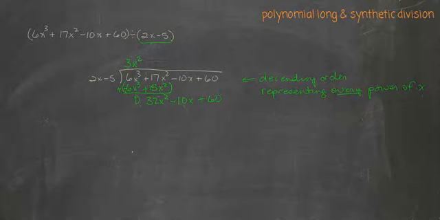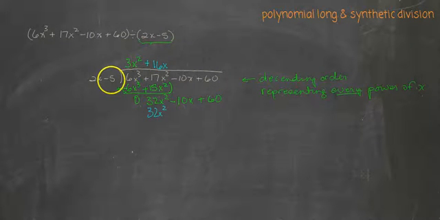Okay, next step. What would I have to multiply 2x by to get 32x squared? Well, 2 times 16, and then x times x equals x squared. Now distribute that into the entire binomial. 16x squared, well, we know that's 32x squared because we did that on purpose.